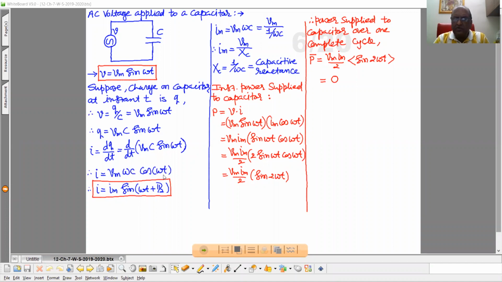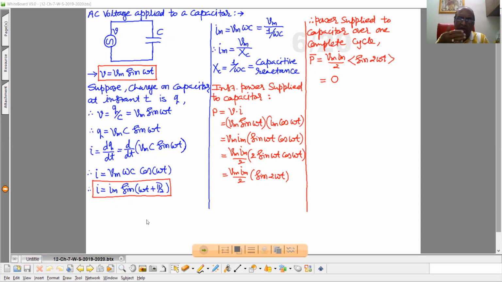Now this cos omega t you can rewrite as sin omega t plus pi by 2. In trigonometry you study this. So why do we write in this manner? Because now you can see your voltage is Vm sin omega t, your current is Im sin omega t plus pi by 2. It means at any time t, the phase of voltage is omega t, but the phase of current is omega t plus pi by 2.